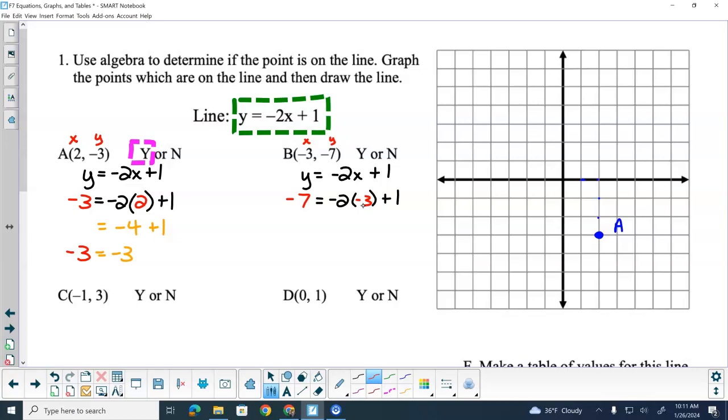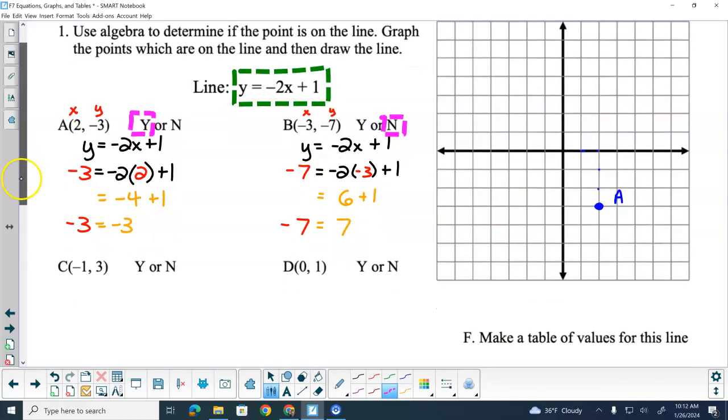Positive 6 plus 1. Positive 7. Is positive 7 equal to negative 7? Nope, not equal. So therefore, this point is not on the line. So I don't have to graph it. Then we go on to point C.